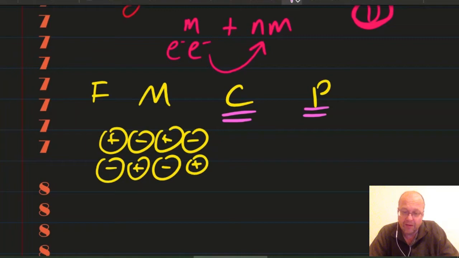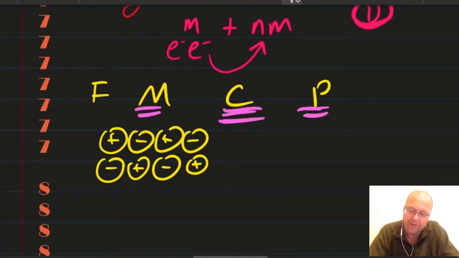It's a strong bond, they're locked into that lattice. Well, how could I unlock them from that lattice? You could melt it or dissolve it in water. Dissolving in water is high level, so you could just melt it, turn it into a liquid. So yeah, ionic substances conduct as a liquid, because then you've made the charged particles freely moving.